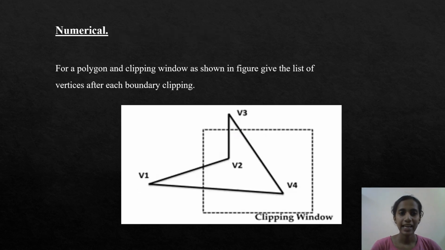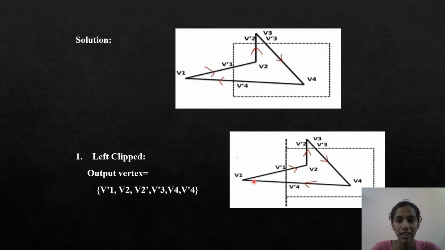Now let us take a numerical example: for a polygon and clipping window as shown in the figure, give the list of vertices after each boundary clipping. Let us take this diagram which has 4 vertices, V1, V2, V3 and V4, with the clipping window. Then the solution is, as we said in case 1, from V1 to V2, if the line passes from V1 to V2, then we have to consider the intersection point and also V2, that is V1 dash, comma, V2.